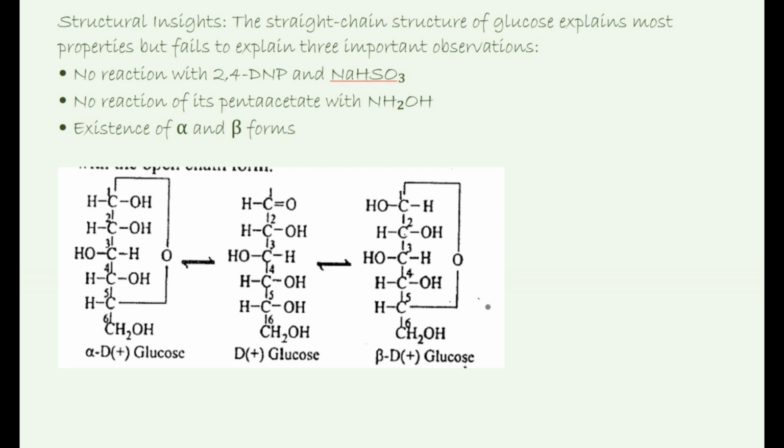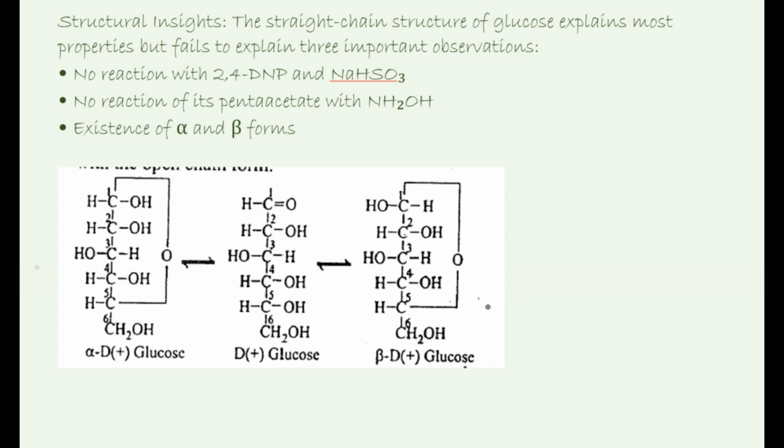So what are alpha and beta forms of glucose? Before that, through these observations, what we have found is that glucose does not have a straight chain structure, it has a cyclic structure. And also the equilibrium exists with the open chain form. Right, as you can see, D plus glucose is there, alpha and beta forms are in equilibrium.